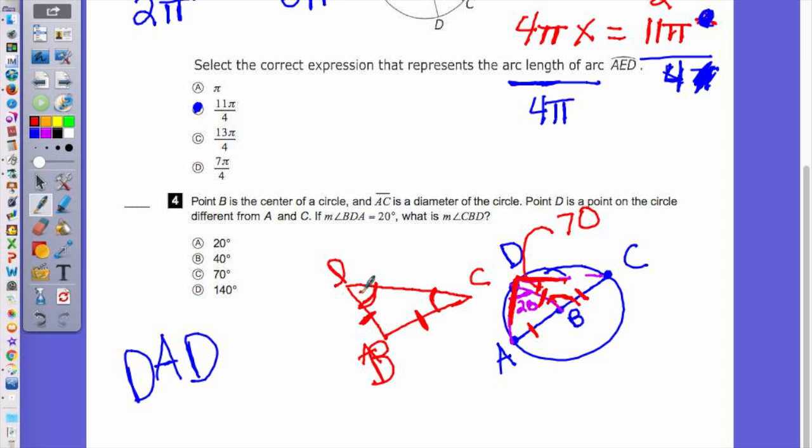So if this is 70 and this is 70, that adds up to 140. So angle B is how many degrees? 40. These two add up to 140, so B is 40. The 20 only helps you to get this angle here.